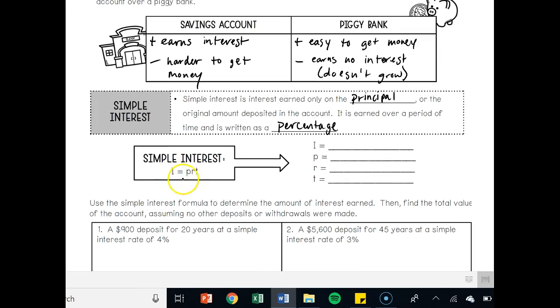It says interest is equal to P times R times T. So I is equal to the interest you earn. P is the principal or the original amount of money that you decide to put in the bank. R is for the rate of interest that they give you. And this is important. It's always written as a decimal. And then T is the amount of time that you leave it there.